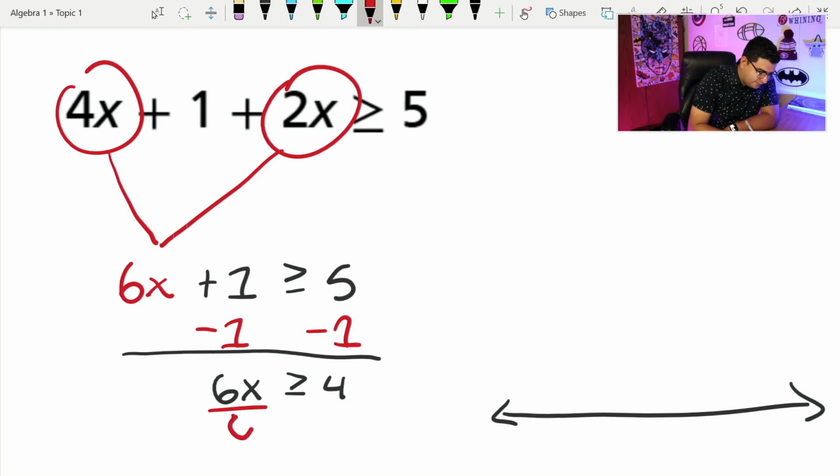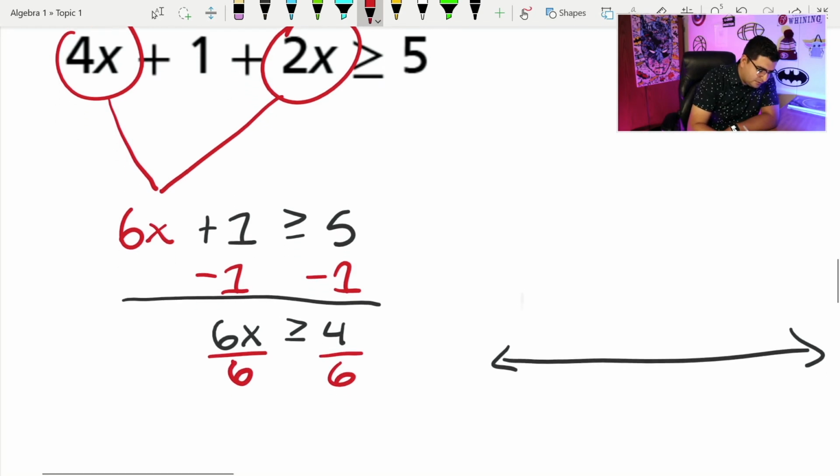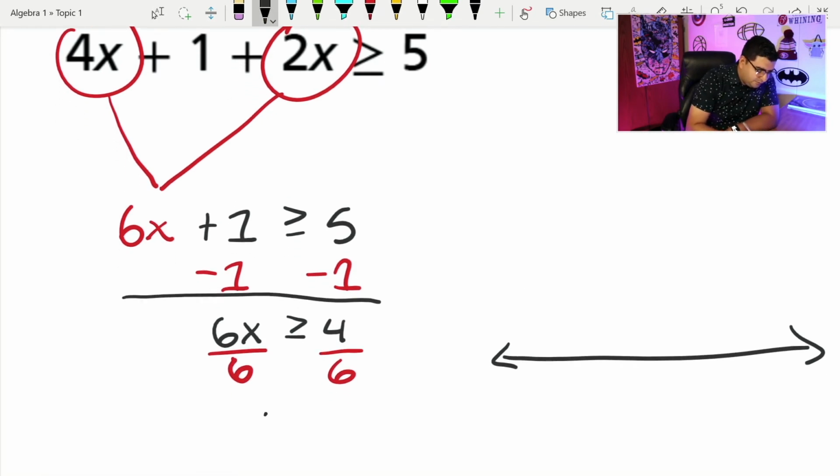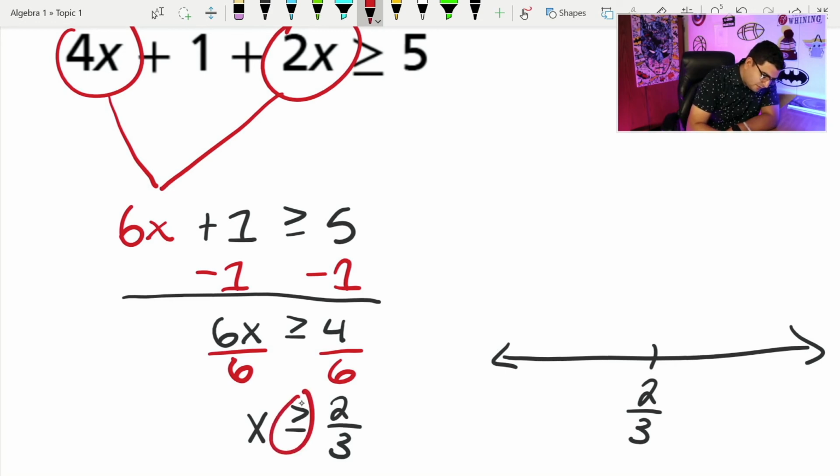I can then divide by 6 on each side, leaving me with x is greater than or equal to 2/3. So our fraction, we can just write 2/3. In this case, because of the equal to line, I'm going to have a shaded in circle. And because it is x greater than 2/3, I'm going to go towards the right.